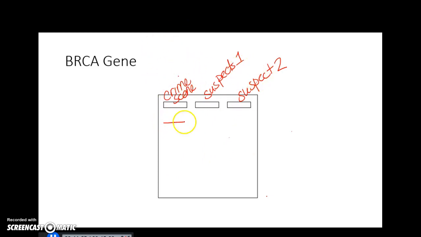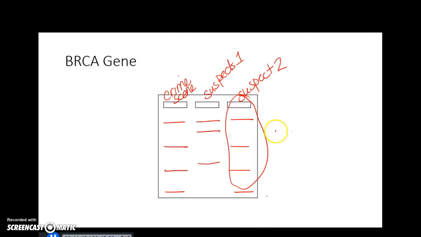And so if the crime scene restriction digest comes out looking like that, suspect 1 might look something like that, and suspect 2 comes out that way. All right, well, basically we know that it is suspect 2. So it should match the crime scene's profile there.